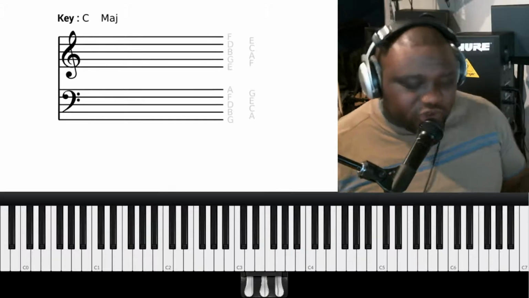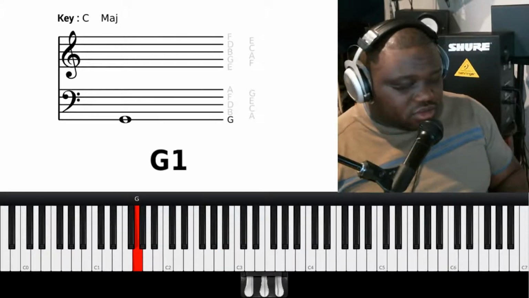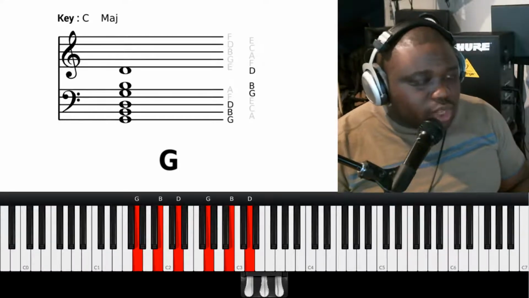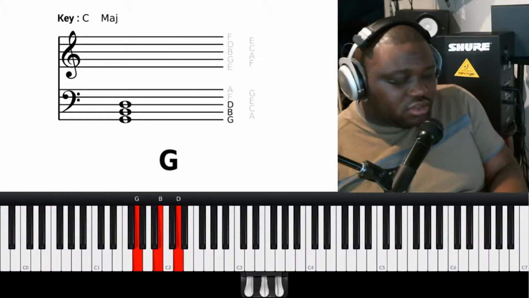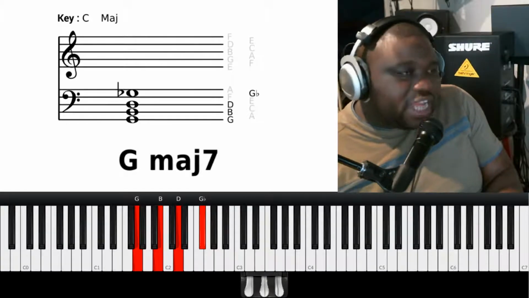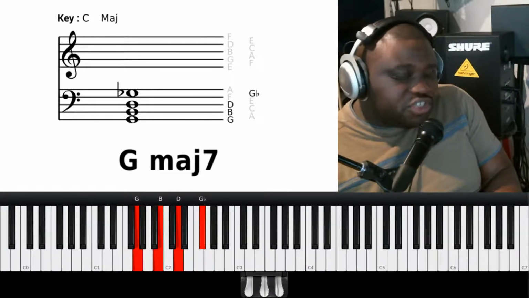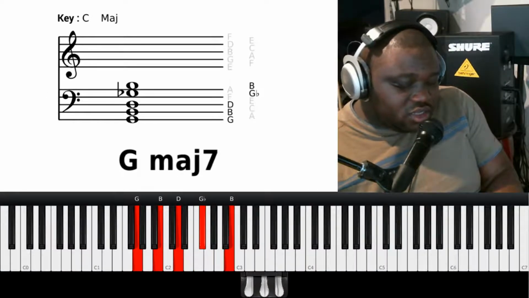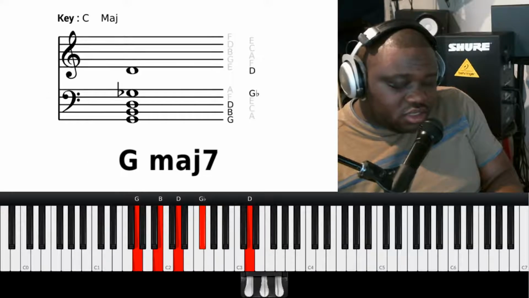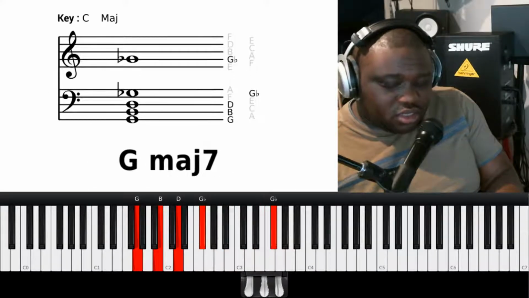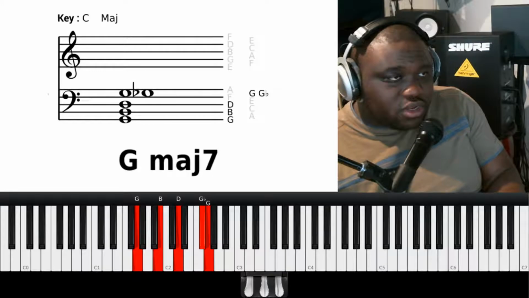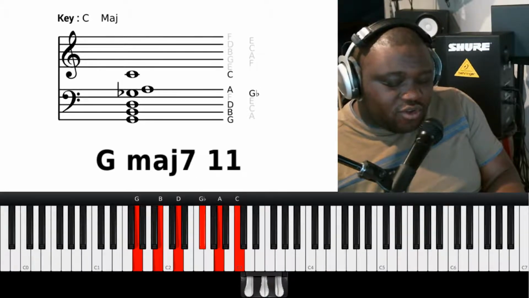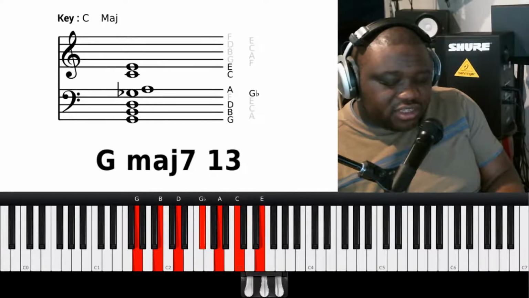So you can do the same thing for G. So G here. All right, that is that. All right, to have the extensions, we need to use the 2. So G. Right, so 2, 3, 4, 5, 6.